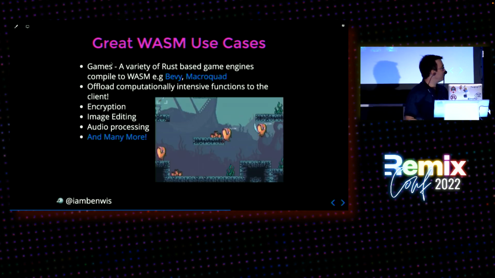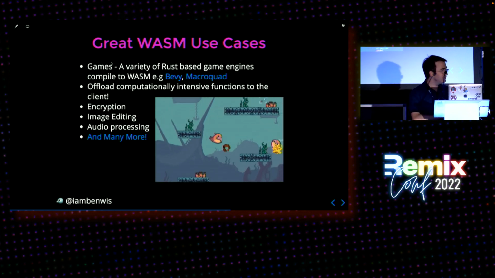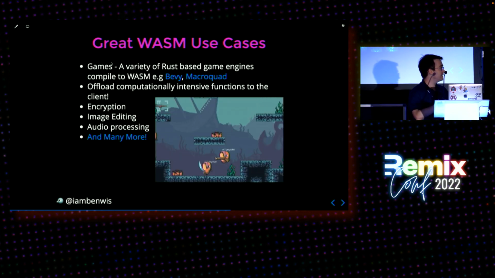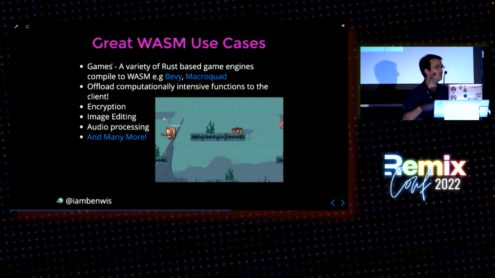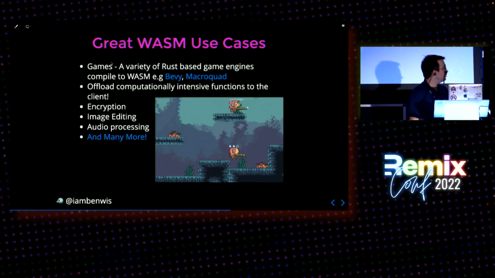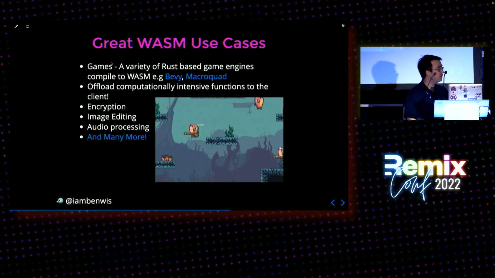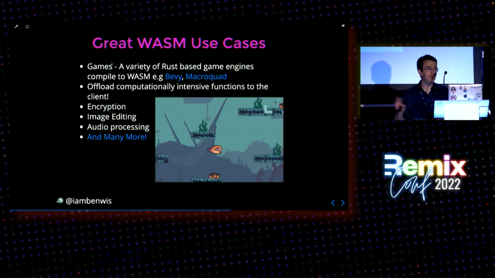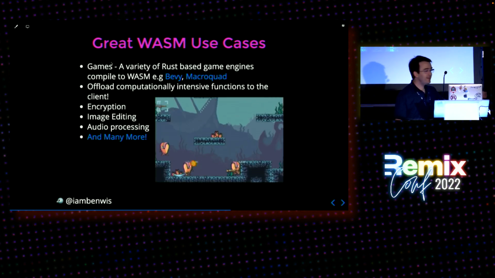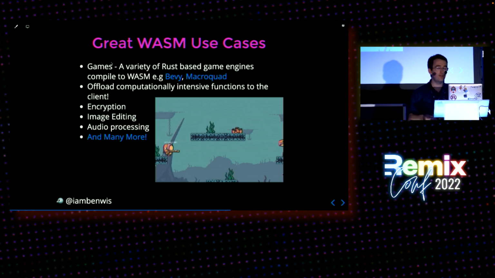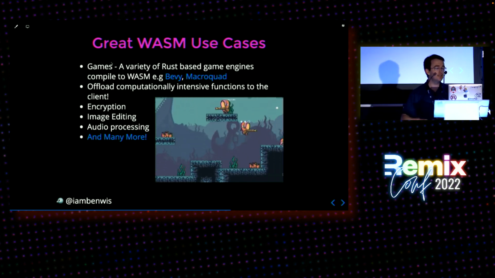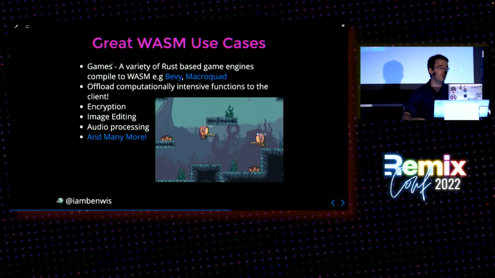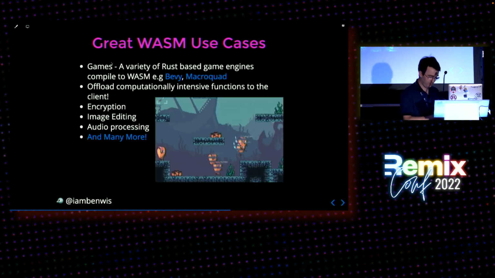WASM's great for a bunch of different things. Games, there's a huge gaming community that writes their stuff in Rust, compiles it to WASM, and loads it in your pages. You can take the things that are hard for you and move them from your server to their computer and save all of your money, which is kind of fun. And you can do all sorts of intensive things. The 3D talk earlier doesn't use Rust, but there's a similar Rust way to do that, so it's pretty neat.